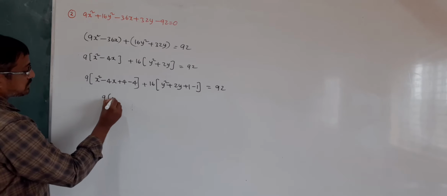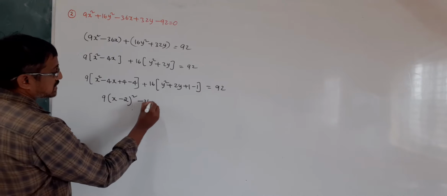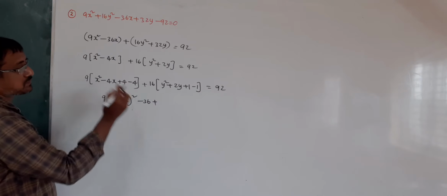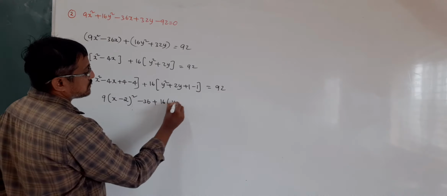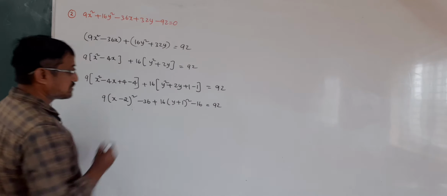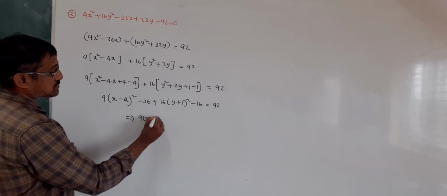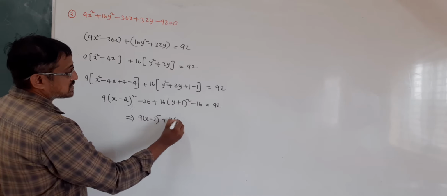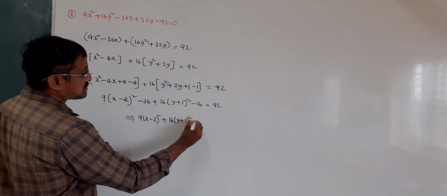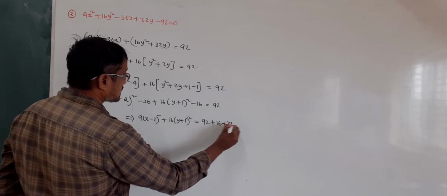So 9 into x minus 2 whole square minus 36, plus 16 into y plus 1 whole square minus 16 is equal to 92. So 9 into x minus 2 whole square plus 16 into y plus 1 whole square is equal to 92 plus 16 plus 36.